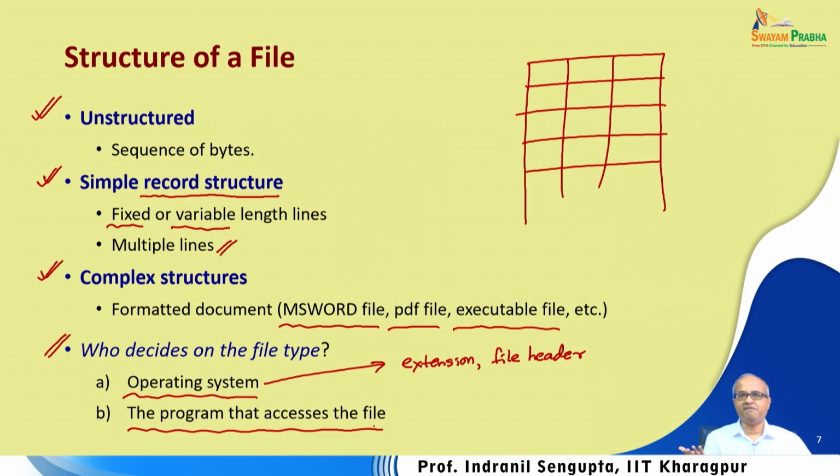An MS Word file I am not supposed to open using a text editor, I am supposed to open it only using Microsoft Word. Similarly, a PDF file I want to open only using software which can view PDF files, like Acrobat Reader. So, those programs know how to read and interpret the file. Fine.